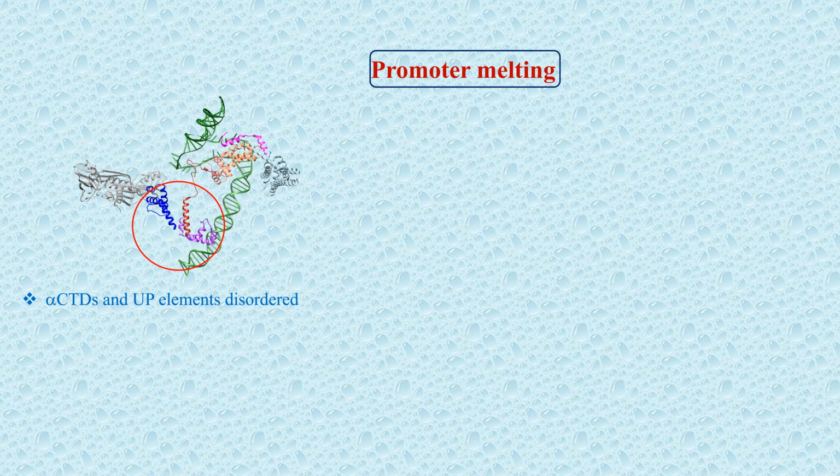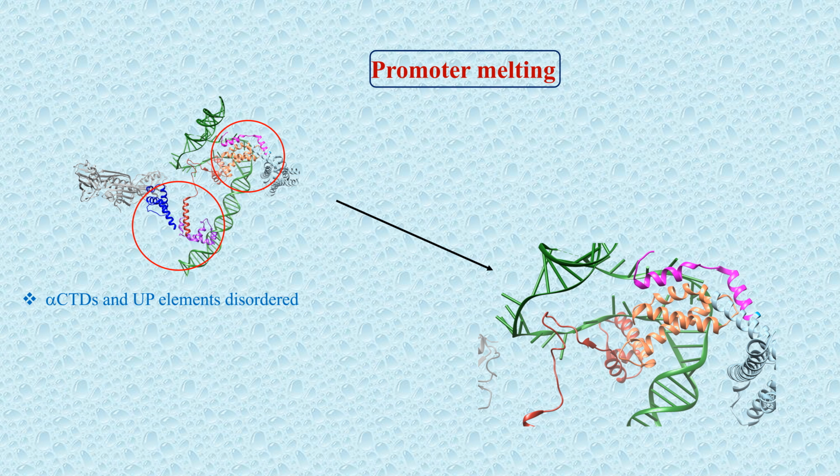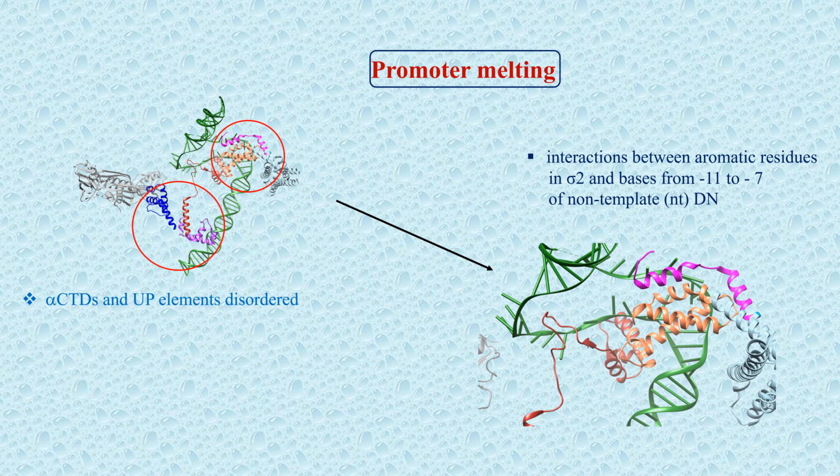On the other hand, there are interactions between aromatic residues in domain 2 of sigma and bases from -11 to -7 of the non-template DNA strand. As a result, an initiation bubble is created, and 13 base pairs of promoter DNA from the -11 position to just beyond the transcription start site is in an open state.